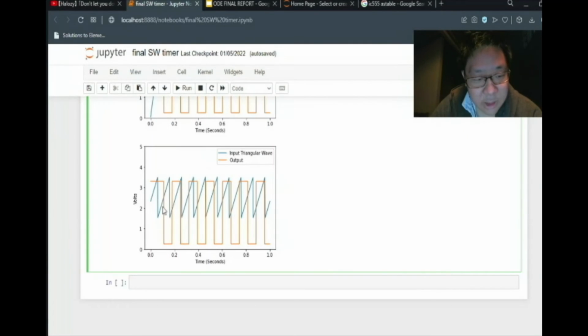The second graph shows what happens if we input the triangular wave directly without using a capacitor. The output wave is the same, but the input is a triangular waveform that's generated by, say, a function generator.